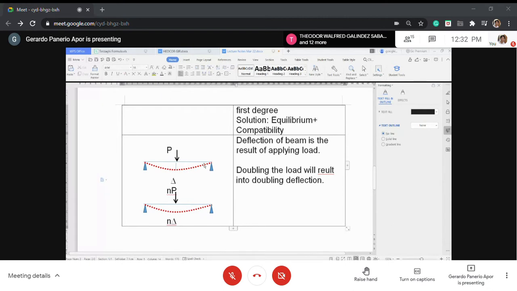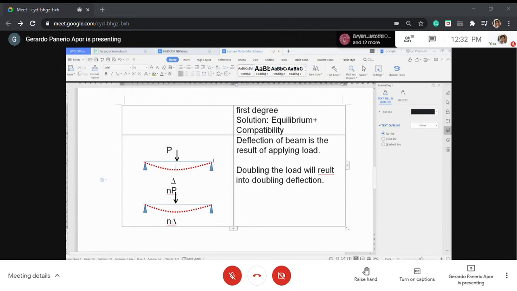But in actual, it depends on the flexibility or the stiffness of the beam. If the cross section of the beam is very small, even though it's made of steel, if you apply a load, it's still very flexible. It can just deflect like that.